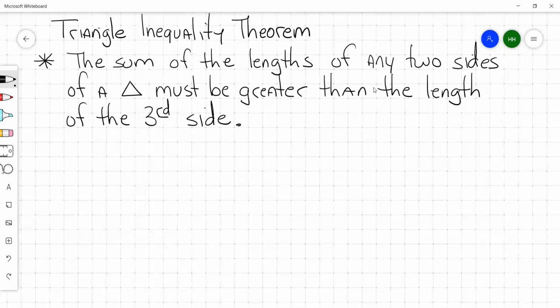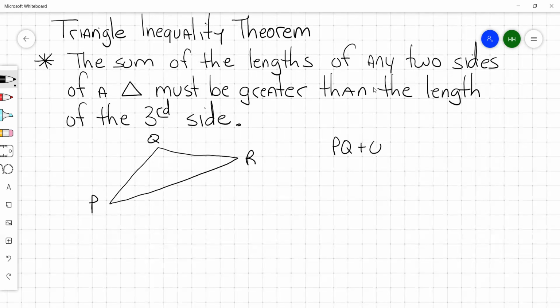So the way that this works is if you have a triangle here, and your triangle is PQR, then PQ plus QR must be greater than PR. All right, PQ plus QR must be greater than PR.